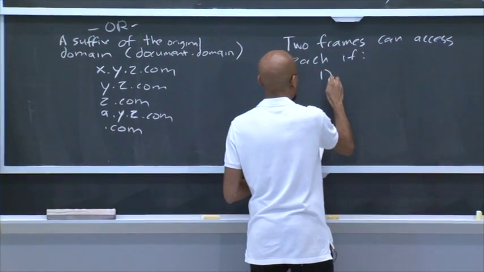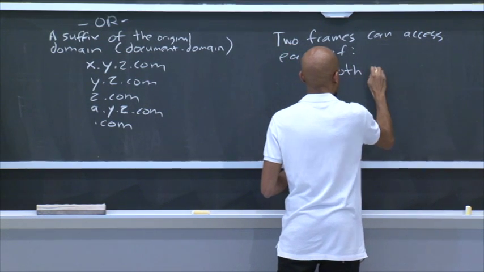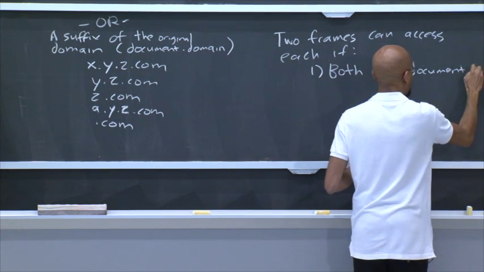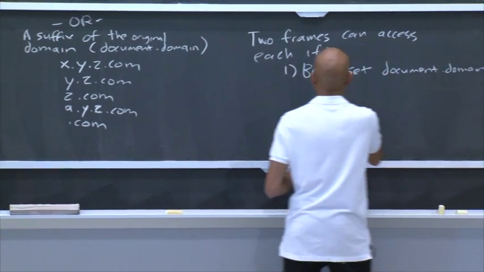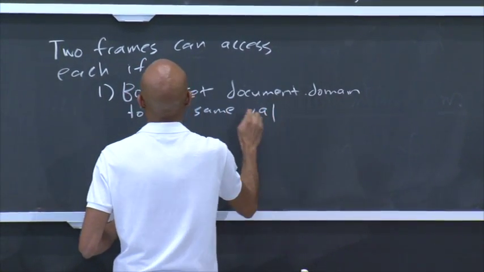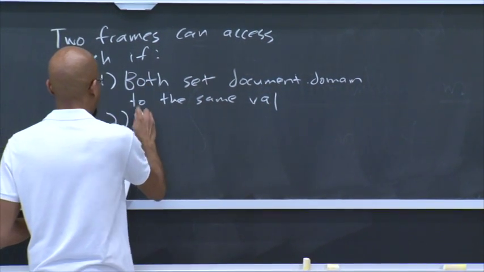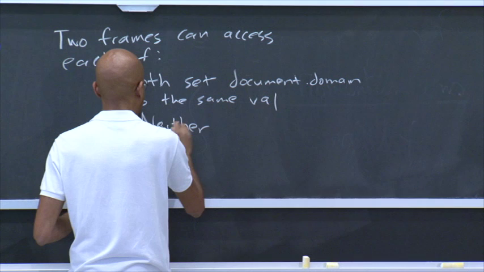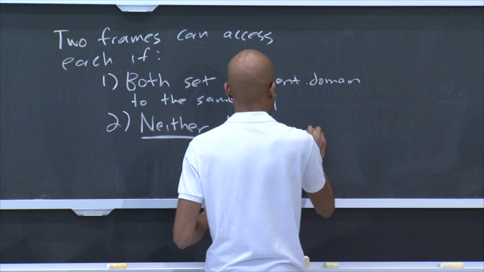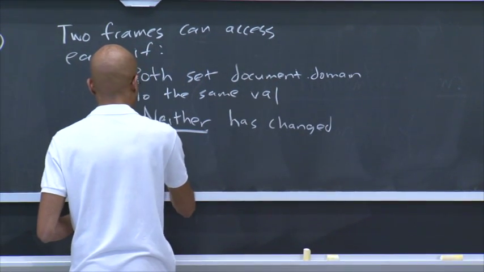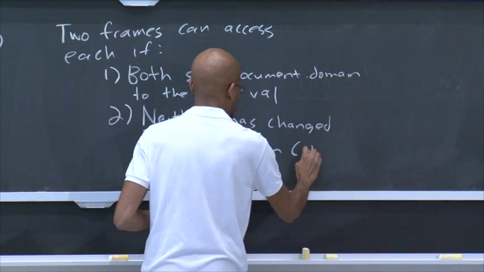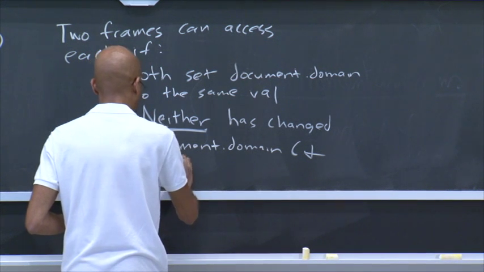The first thing is both of the frames set document.domain to the same value. And the other way that two frames can access each other is if neither of those frames has changed document.domain. And of course, both values have to match.